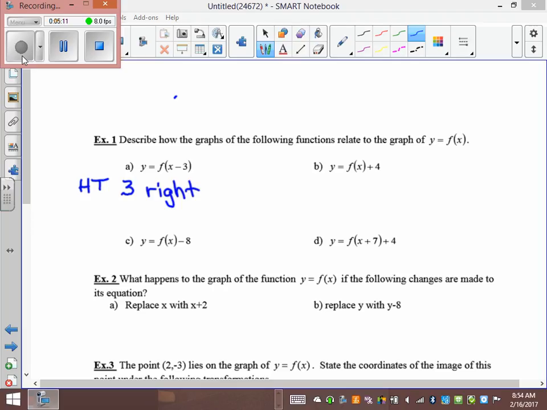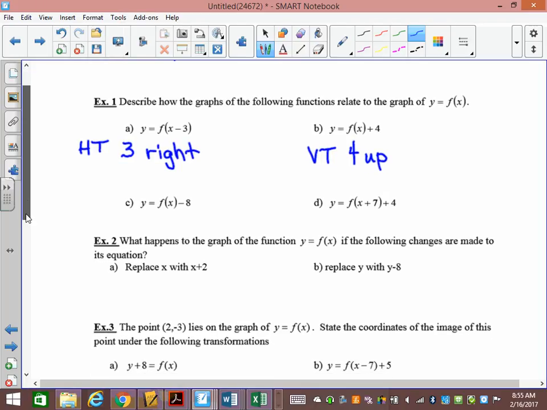Okay, is this with the x, this 4? If it was with the x, it'd be in the bracket. So it's a vertical translation for what? Up. Because we take which way it is. This is a vertical translation 8 what?